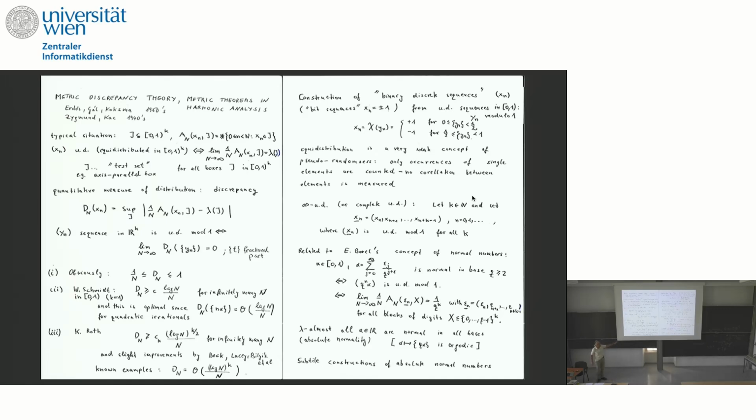She had a very nice result with colleagues showing that it's possible to construct such so-called absolutely normal numbers with the help of a polynomial time algorithm. And this was an old problem arising in theoretical computer science. Okay, so I don't say more on normal numbers because the expert speaks in the next talk.